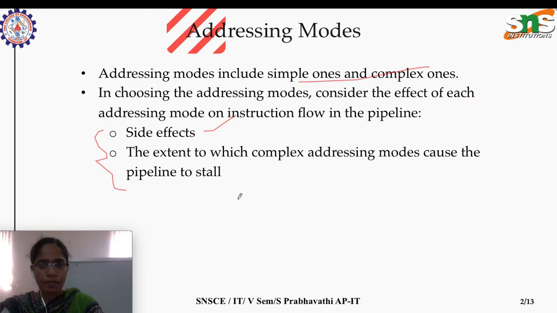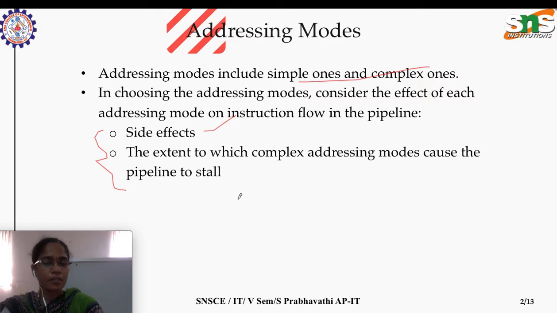A complex addressing mode may introduce a stall, so we need to decide to what extent to use it and how to use an alternate approach, because complex instructions sometimes may not give good performance. If the instruction is not giving performance in the pipeline, why should we take that instruction into the pipelining concept?